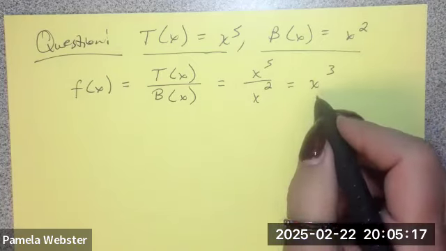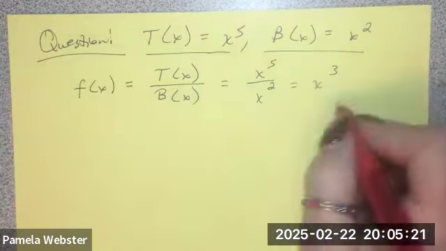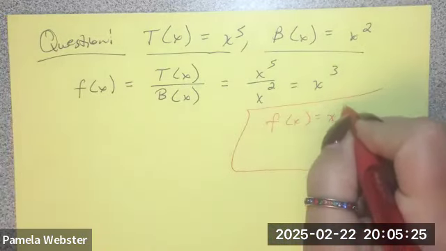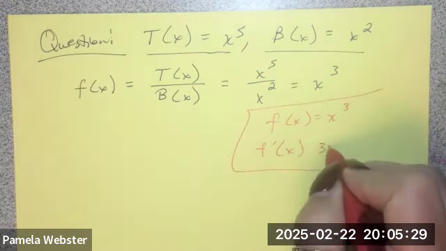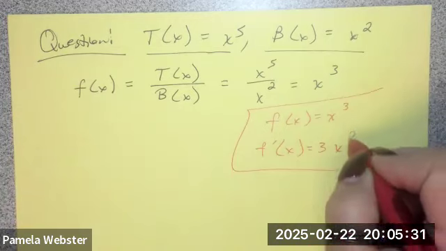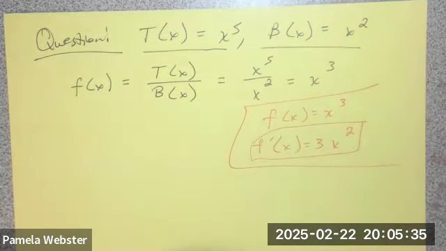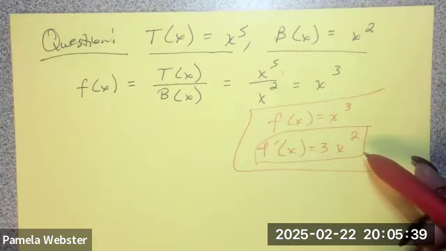Okay. So if we had, off to the side, if f of x was x cubed and we wanted to take the derivative of that guy, 3x, subtract 1 from the exponent, it would be pretty fast and easy for us, right? If this reduced down, that's what we would be getting. Okay.